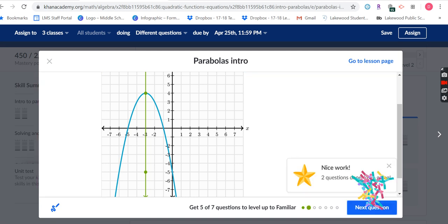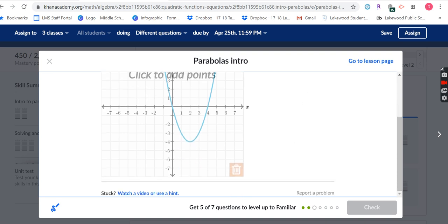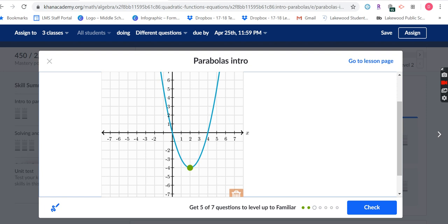That's our axis of symmetry. Okay, mark the vertex of the parabola. Well, the vertex is the turning point, which could also be the minimum or the maximum. This graph has a minimum right there. That minimum would be the vertex of this parabola. So that was a review of the vocabulary from yesterday.